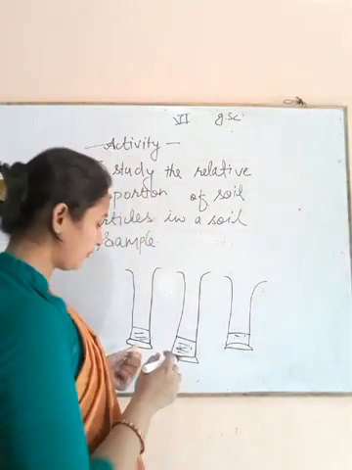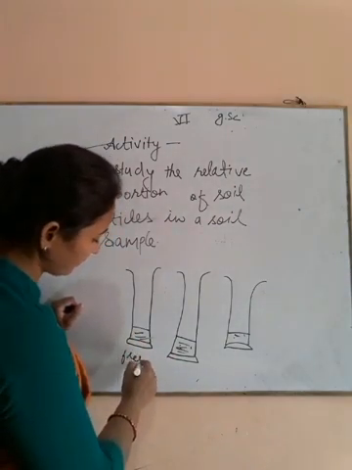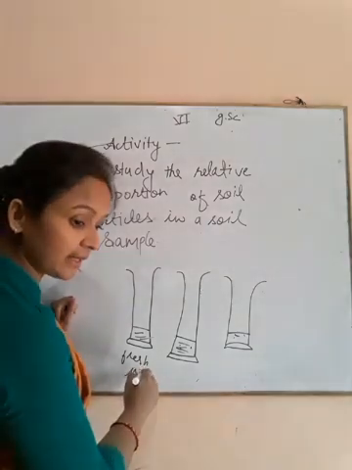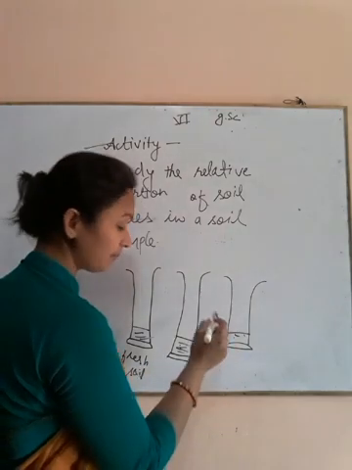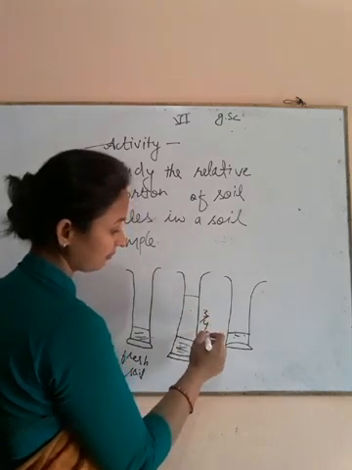Fill one-fourth with fresh soil. This is the fresh soil. Add water until three-fourths full.